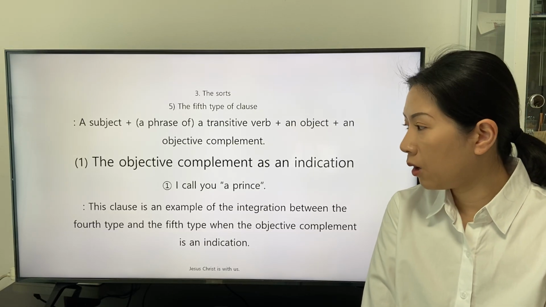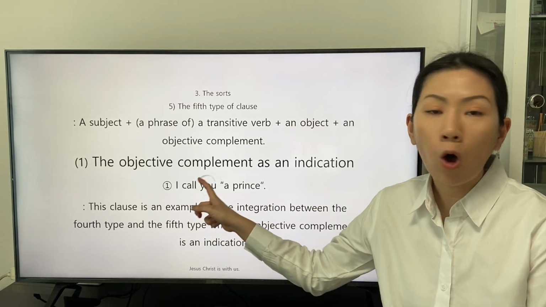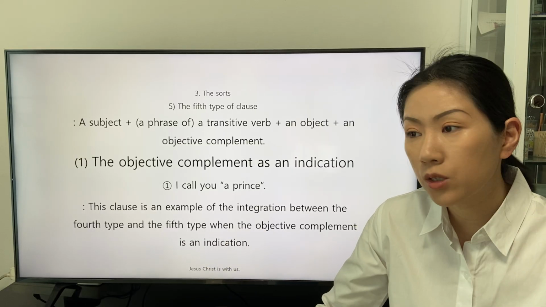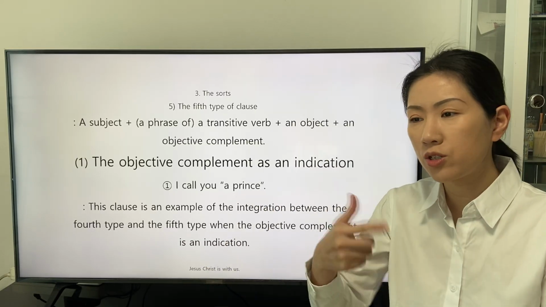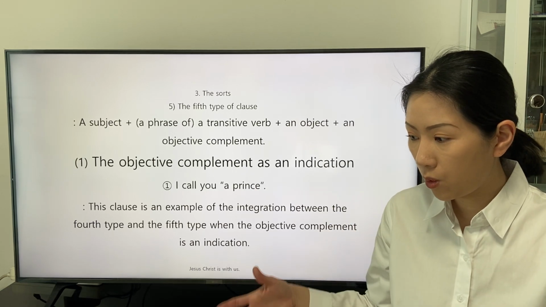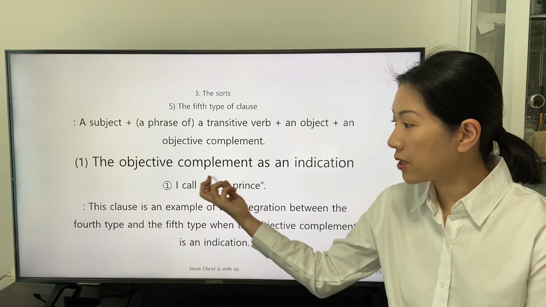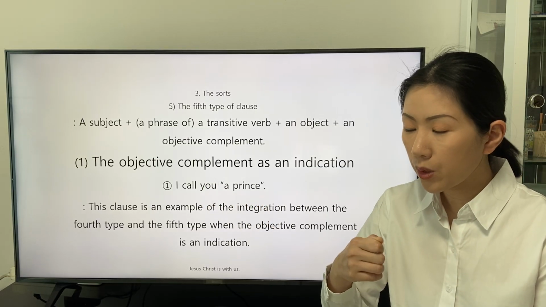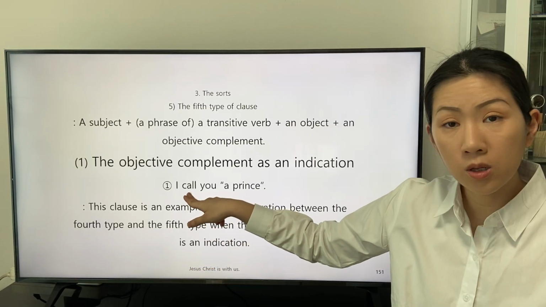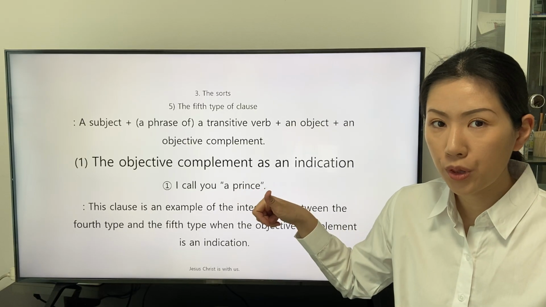Because we can say that the object, the listener, can be the indirect object to receive the direct object, which is an indication, which is a phrase. The indirect object receives the definition of the transitive verb call and the direct object of prince, both.